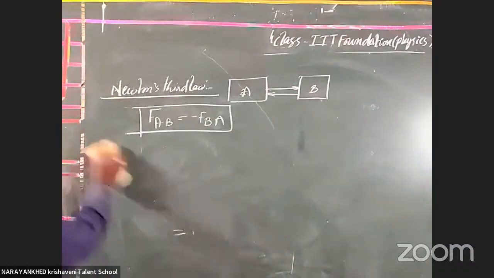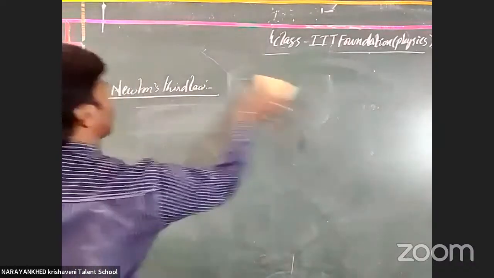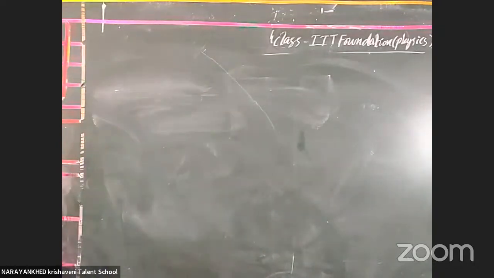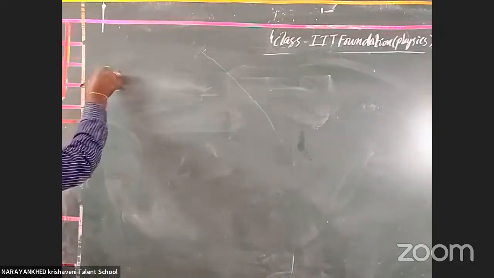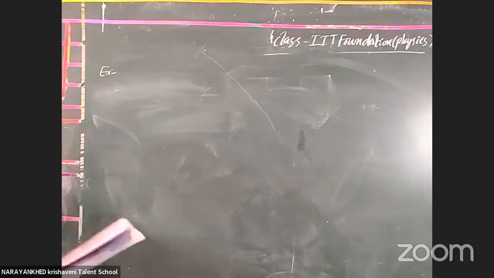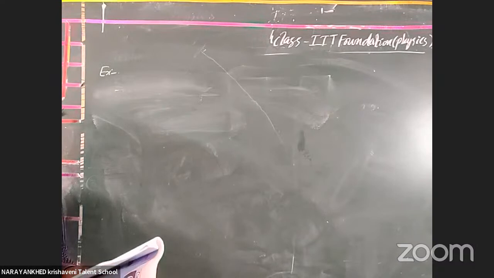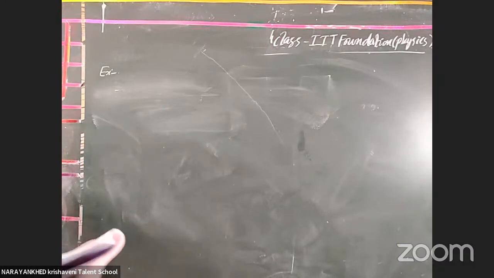Next, there is an example we are considering here. An object of 5 kg is far away from the surface of the earth and has an acceleration of 6 meters per second square toward the center of the earth. Find the force exerted by the object on earth.